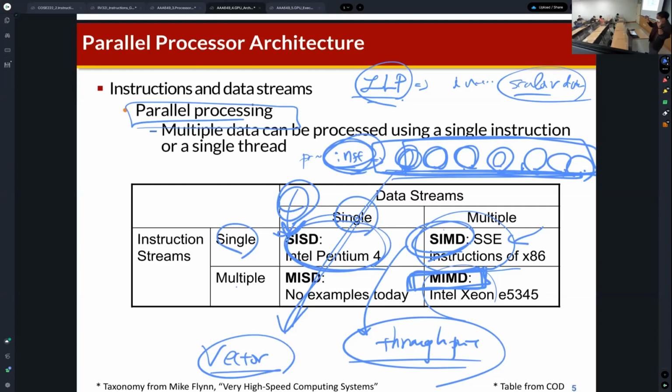A vector has many elements, and we can apply vector operations such as vector add and vector multiply, similar to row and column multiplication. If computer instructions handle this type of data, then we can increase the throughput, which means we can support parallel processing.